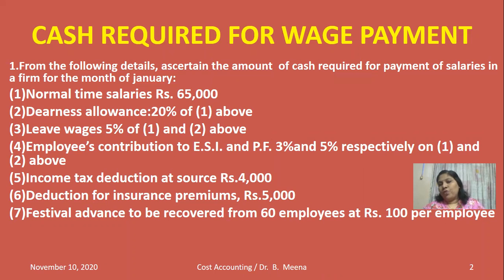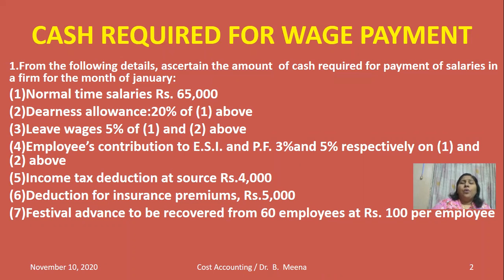But what is the cash required when I distribute the salary every month after considering the deductions? In that calculation, we must ignore the employer's contribution to PF, because it is not paid each month.